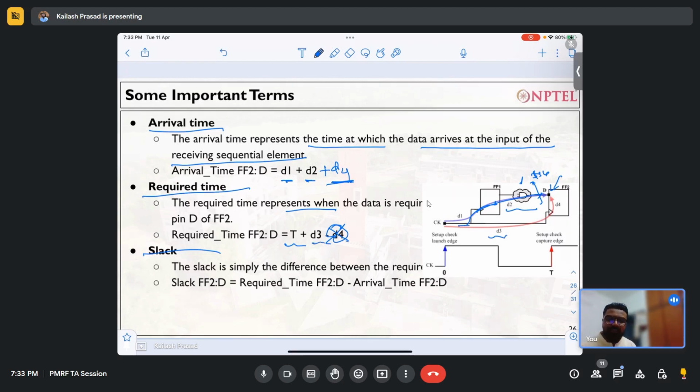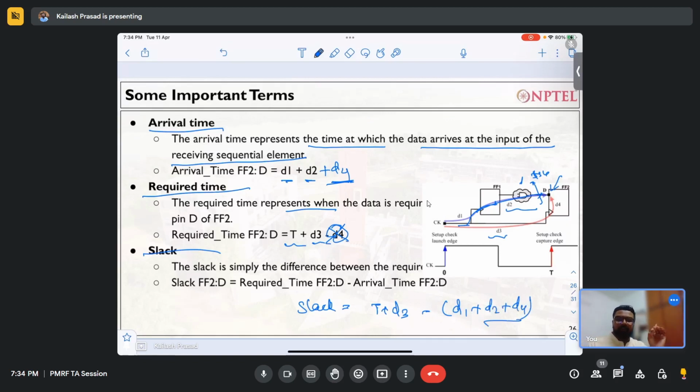And the slack is the difference between the required time and the arrival time, because required time is whatever the clock frequency you have given. So the slack is equal to T plus D3 minus D1 plus D2 plus D4. This is what slack is.